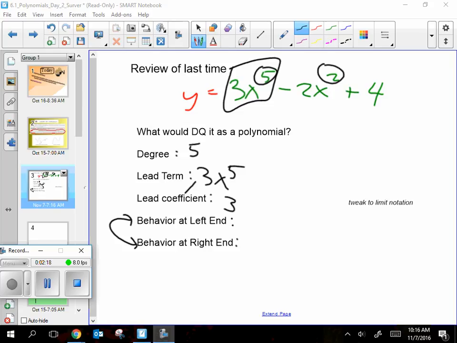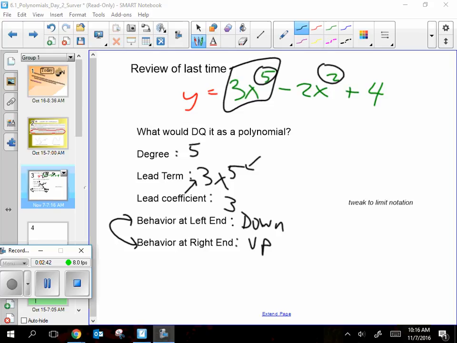If this is positive, which it is, it's up on the right. Notice I started with the right end first. Then I go back and see if the power, the degree, is odd, it will be different. And therefore, this is odd, and therefore it's different. There we go. Raise your hand if you had all of those correct.